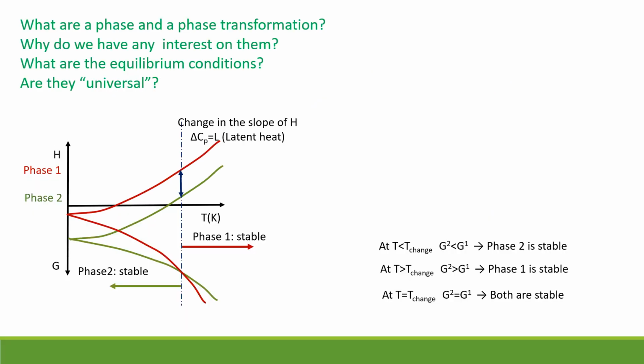See, it's written here: phase 1 is stable, phase 2 is stable. Now we are not talking about liquid and solid, but phase 1 and phase 2, but it's the same condition. And at the transition temperature, both Gibbs energies are equal, so both phases are stable.